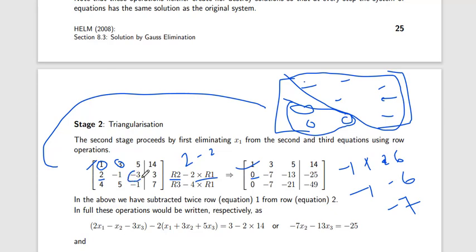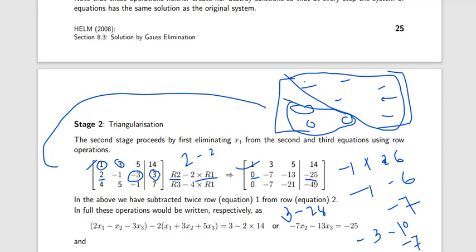Then minus 3 minus 5 into 2, which is 10, so minus 3 minus 10 gives minus 13. Also 3 minus 14 into 2, which is 28, is equal to minus 25.